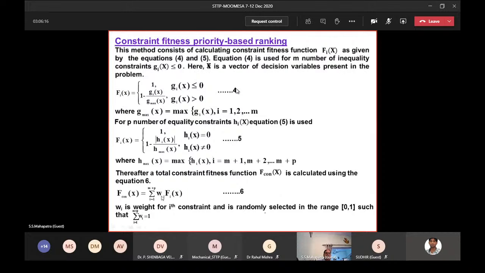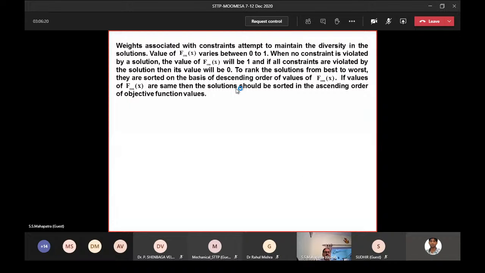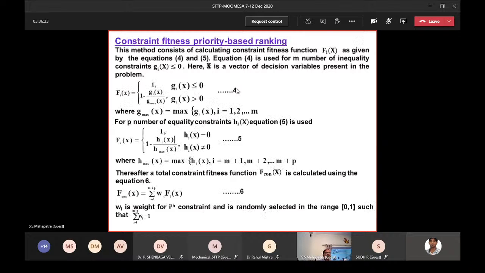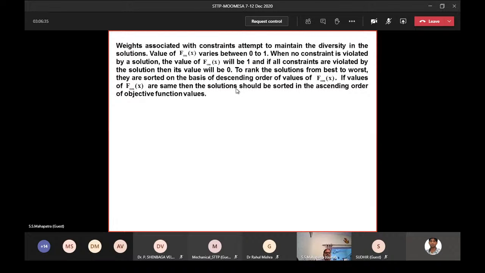This value, f_con(x), will be between 0 and 1. When no constraint is violated, f(x) will be equal to 1. If constraints are violated, then it will be less than 1.